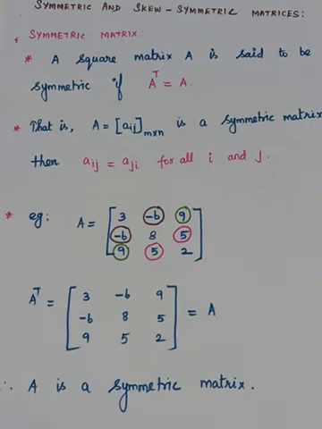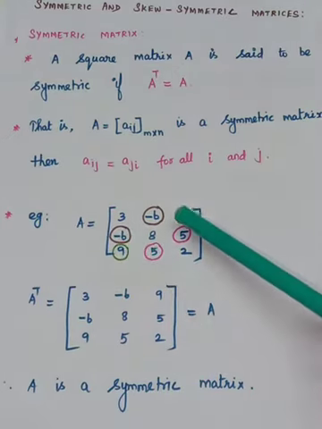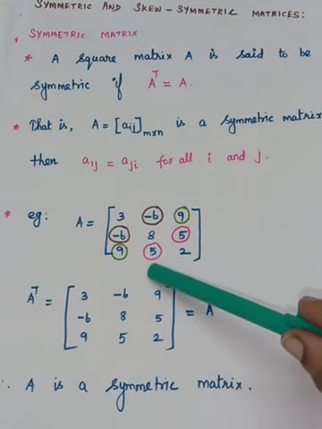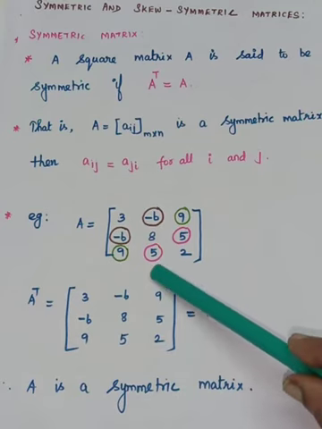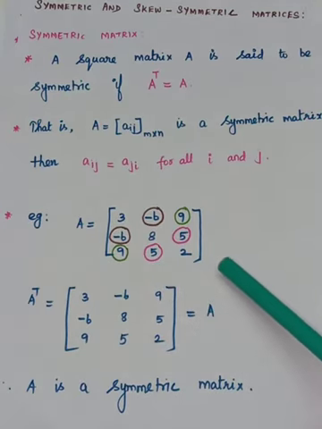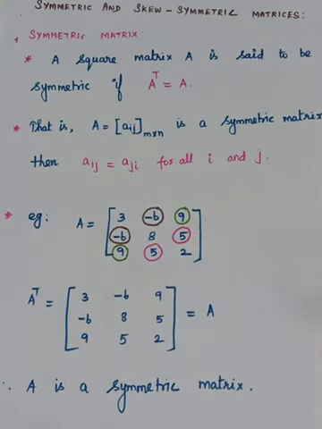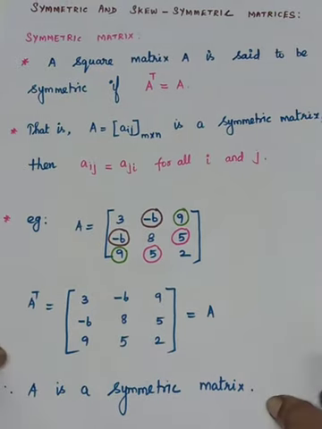So according to the definition, A transpose is equal to A. That means A12 should be equal to A21, A13 is equal to A31 and A23 is equal to A32 if it is a 3 by 3 matrix. In general, in a symmetric matrix, Aij is equal to Aji for all i and j.